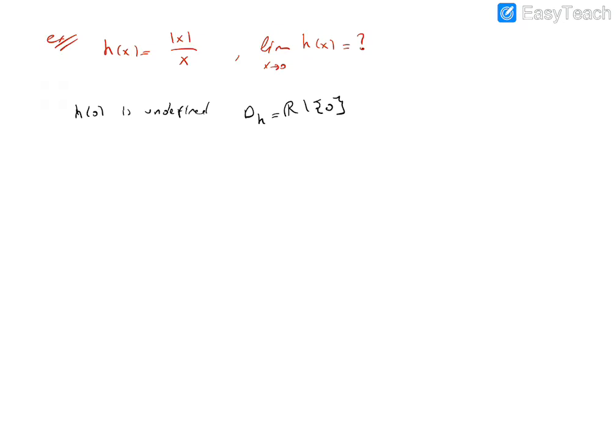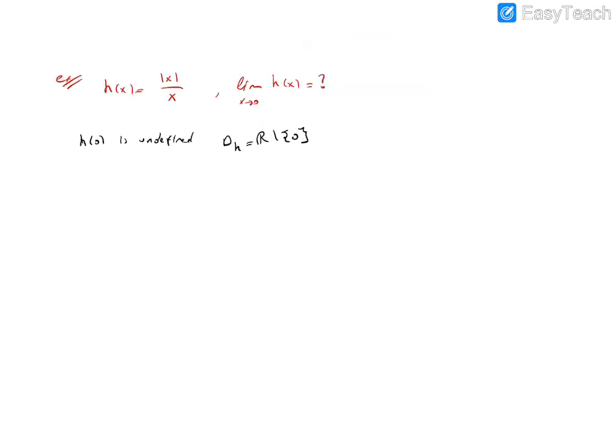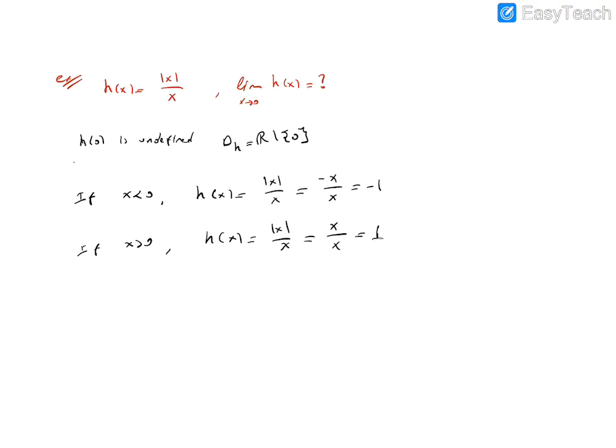Note that if x is any negative number, h of x equals absolute value of x over x. Absolute value of x is minus x, so minus x over x, which is minus 1. If x is a positive number, not 0, it cannot be 0, h of x is absolute value of x over x. Absolute value of x is itself, x, so x over x, which is 1.